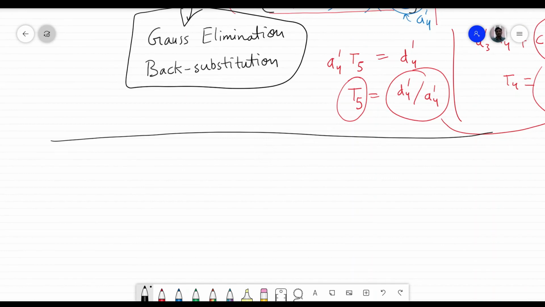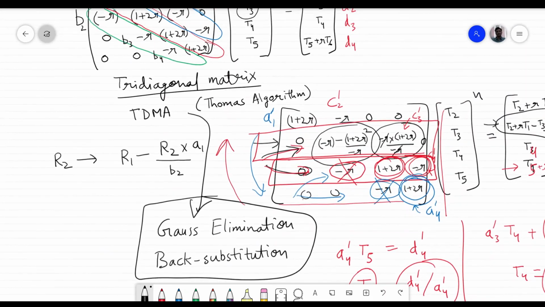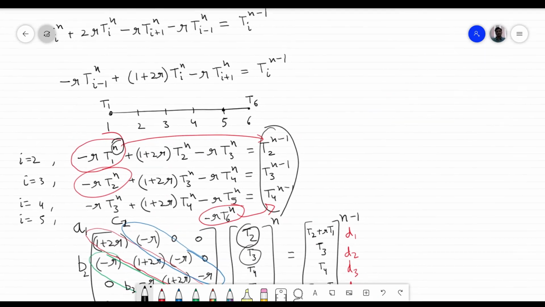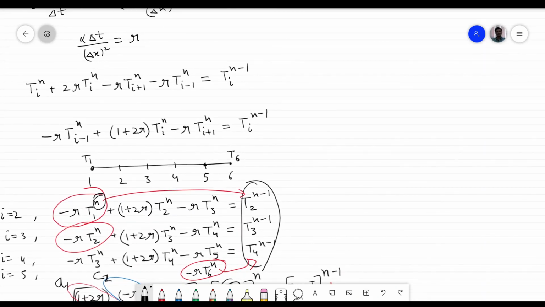But what if the system is two-dimensional? What changes will you see here? If it is two-dimensional, you can see that there will be more terms. It will not just be Ti plus 1, minus 1 and i. You will have i, j plus 1, i minus 1, j, i plus 1, j, i j minus 1 and i j, right?